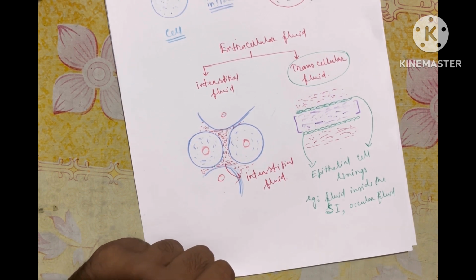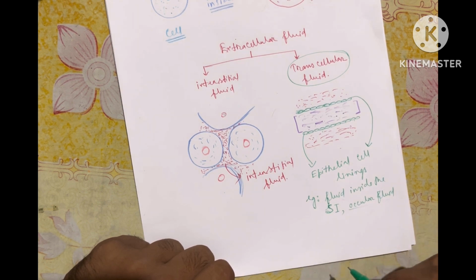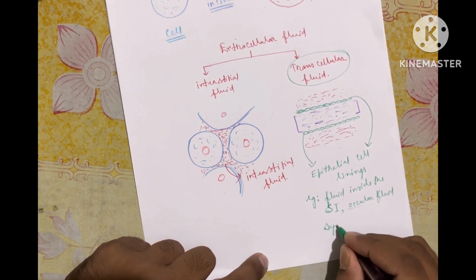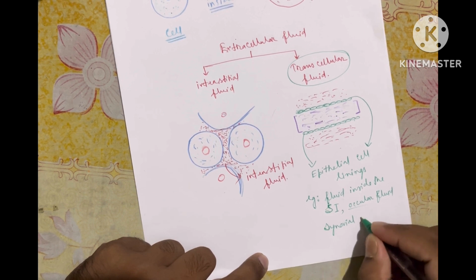One is aqueous humor, one is vitreous humor. When we go to the detailed classification and detailed anatomy and physiology of those fluids, then we'll come to know what the different fluids present in our eyes are. Then ocular or intraocular fluid. Another one is synovial fluid.